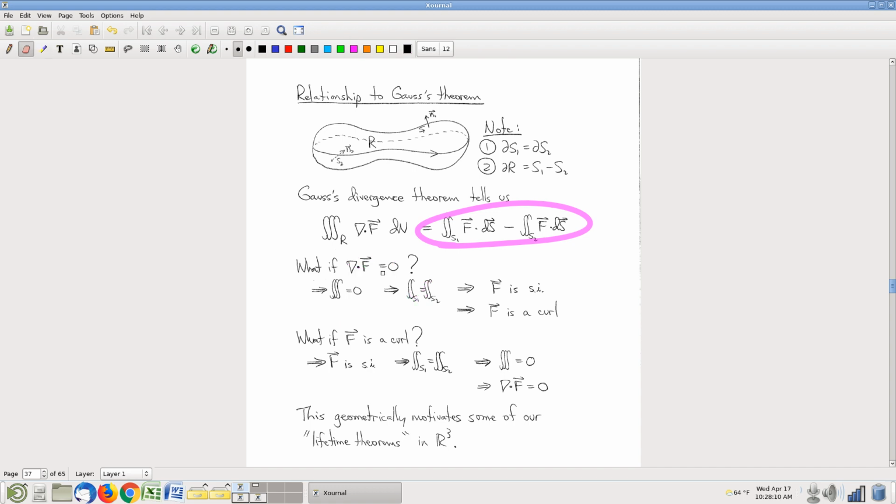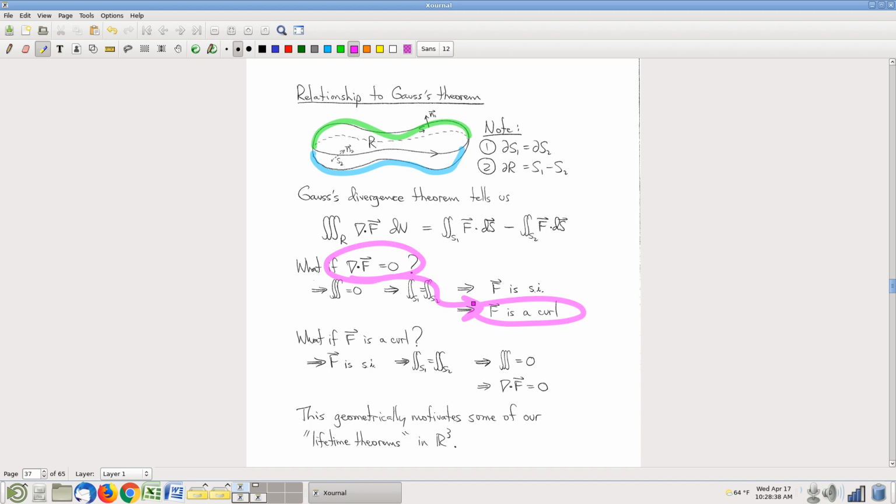What does it mean for two fluxes over surfaces that share the same boundary curve, if those two fluxes are always the same? Well, my gosh, that means surface independent, which we saw previously means that the vector field is a curl. And so we have a justification of one of our lifetime theorems. One of our lifetime theorems says that when the divergence is zero, the vector field is a curl.